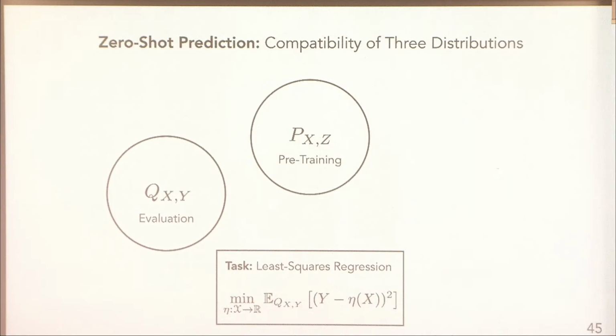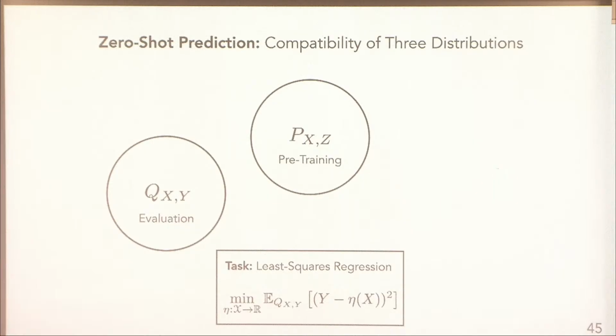Okay, and so if we have some predictor eta, and we look at the best predictor if we knew the distribution at the evaluation stage, if we had an infinite amount of data at the evaluation stage, which we never have, then we could describe the best predictor in population with this equation, right?